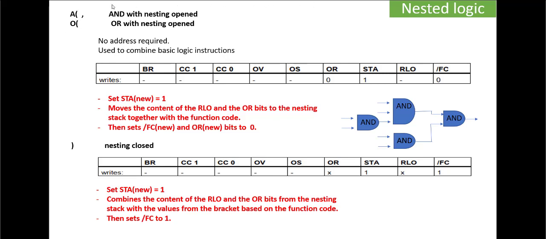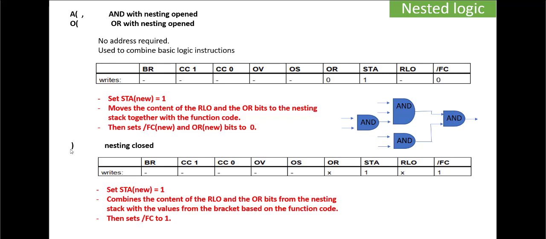They do not take an address after them. Instead, the instructions that need to be executed need to come inside them. And after these instructions, we have to provide a nesting closed instruction.